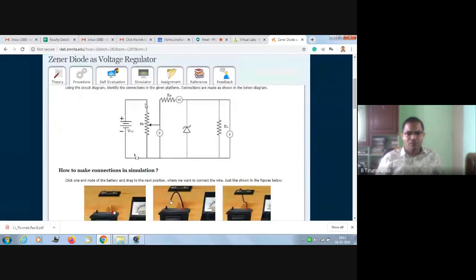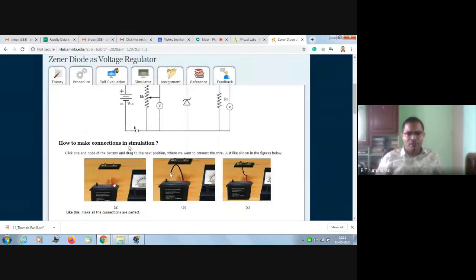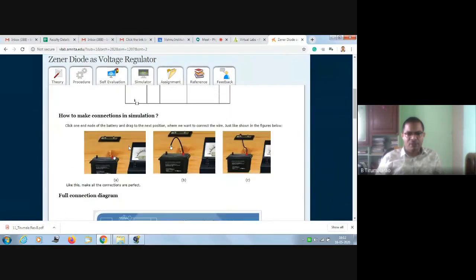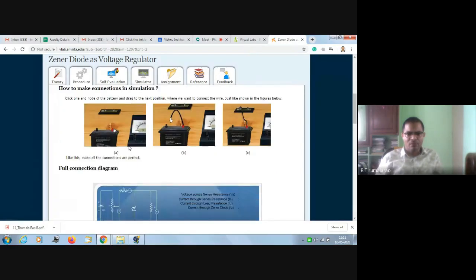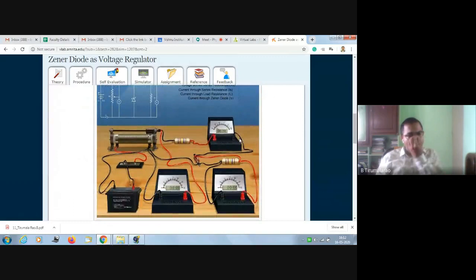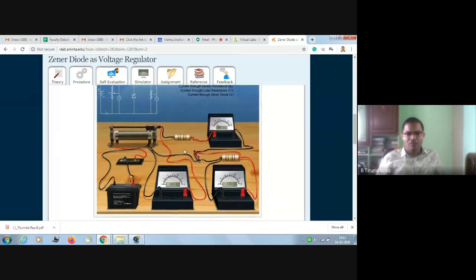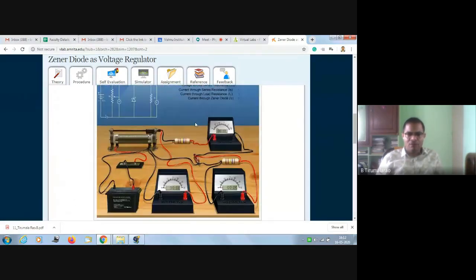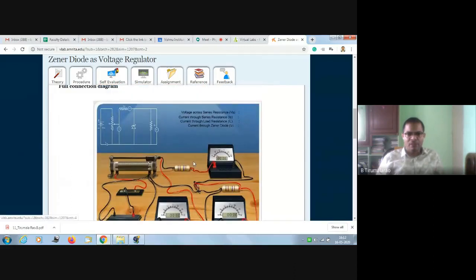How to make the connections in the simulator: A, B, C. This is the connection of the Zener diode, how you can connect the Zener diode. All these I will show in the simulator.